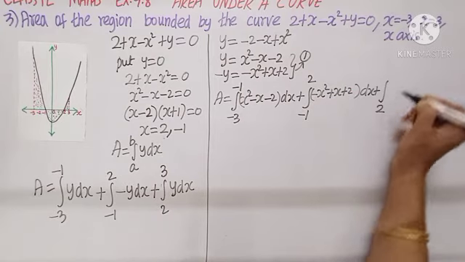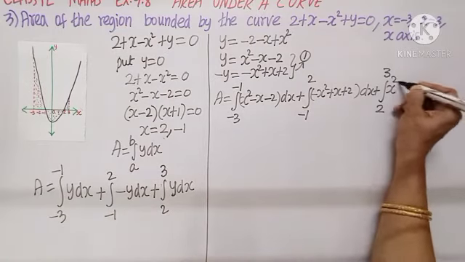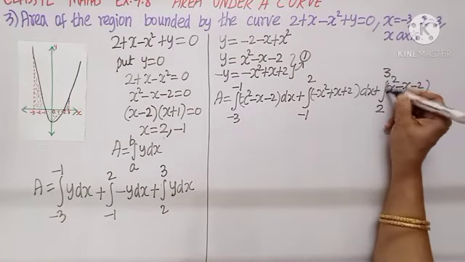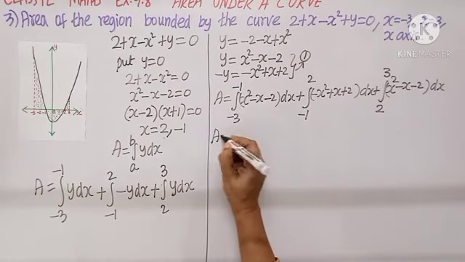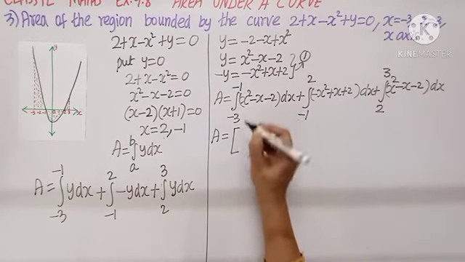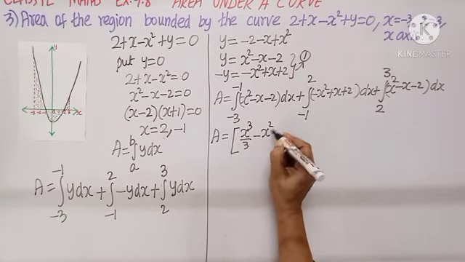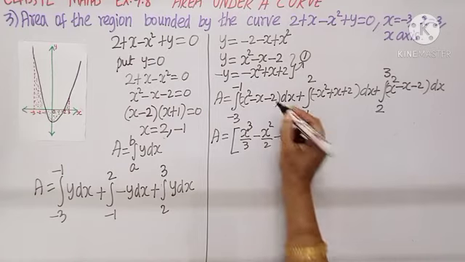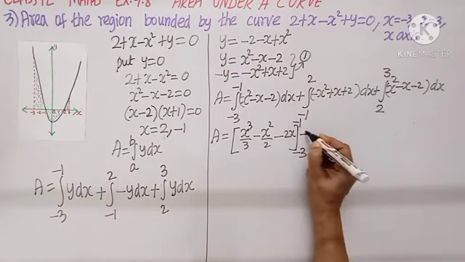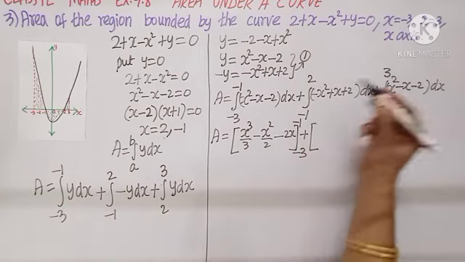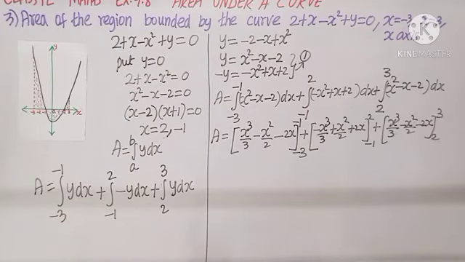Plus the integral from 2 to 3, it is plus y dx, so x square minus x minus 2 dx. As we integrate, a very simple formula: x square becomes x cube by 3, x becomes x square by 2, constant becomes 2x, between the limits minus 3 to minus 1. The same we will repeat in the second and third integral.